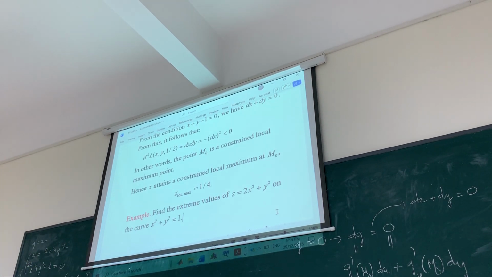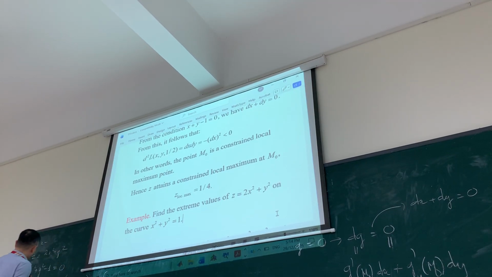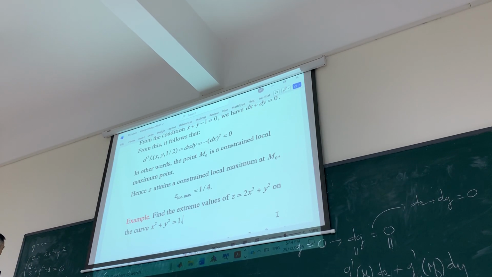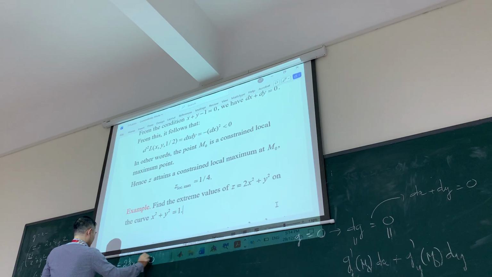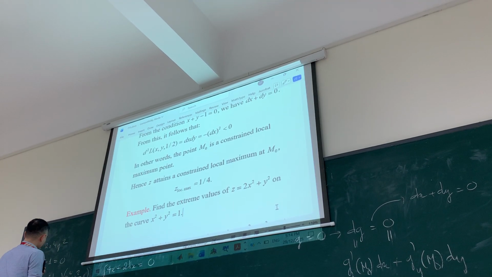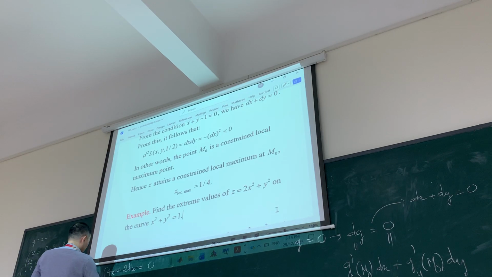We need to solve the system. The partial derivative with respect to x: 4x minus 2 lambda x equals 0. With respect to y: 2y minus 2 lambda y equals 0.